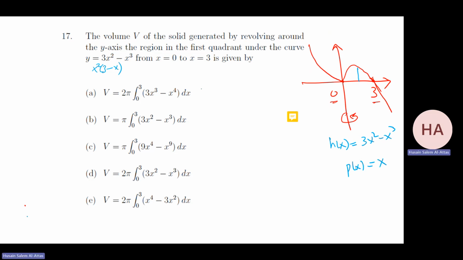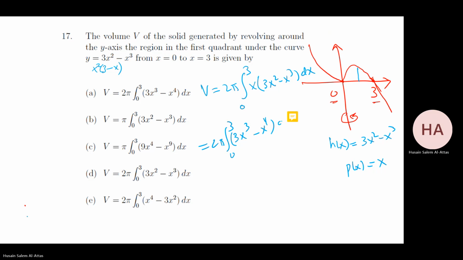And the volume will be 2 pi integral from 0 to 3 of x times 3x squared minus x cubed dx, which is 2 pi integral from 0 to 3 of 3x cubed minus x to the power 4 dx, which is this one.